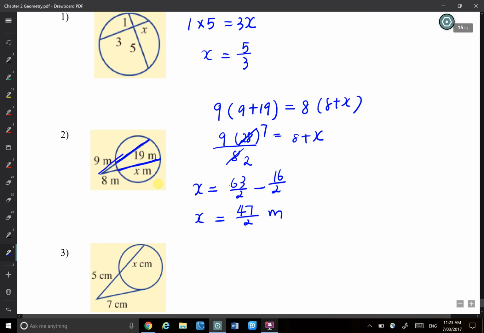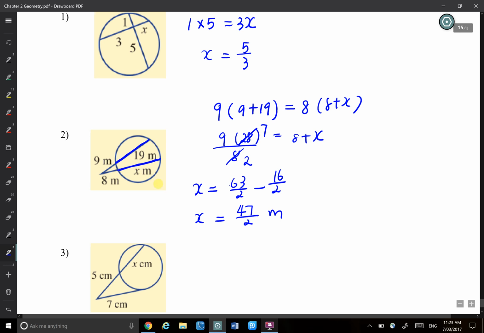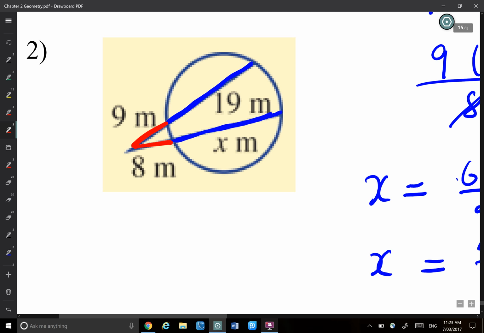Because the whole bit is 9 plus 19, the 19 is only the inside bit. No, 9 is this. Okay, sorry, I'm looking at the wrong thing. Okay. 9 is here, 8 is here, and 19 is the blue, and x is the blue part.